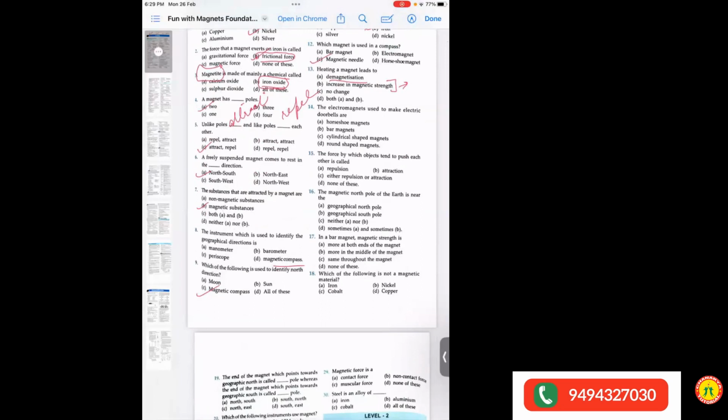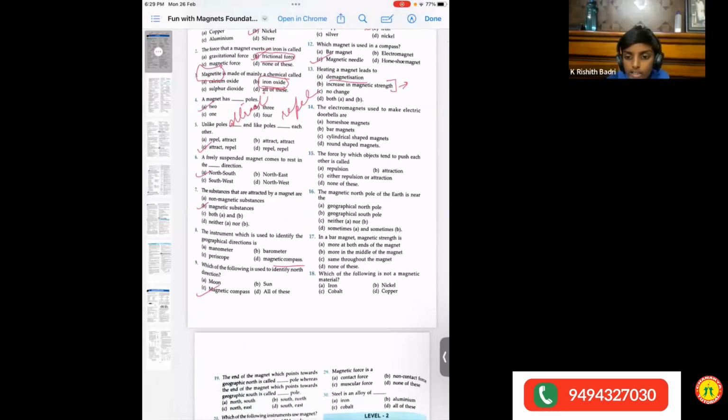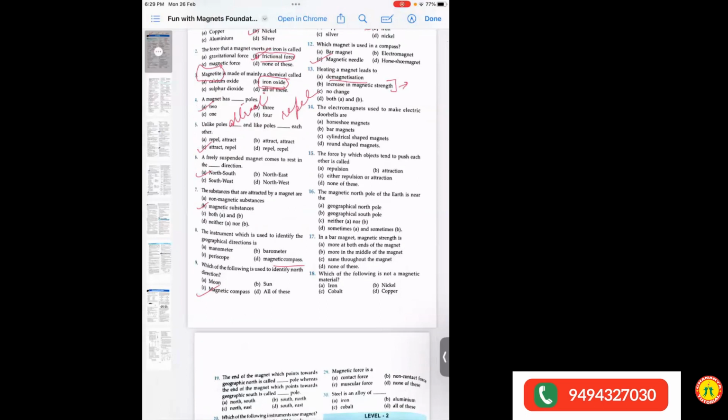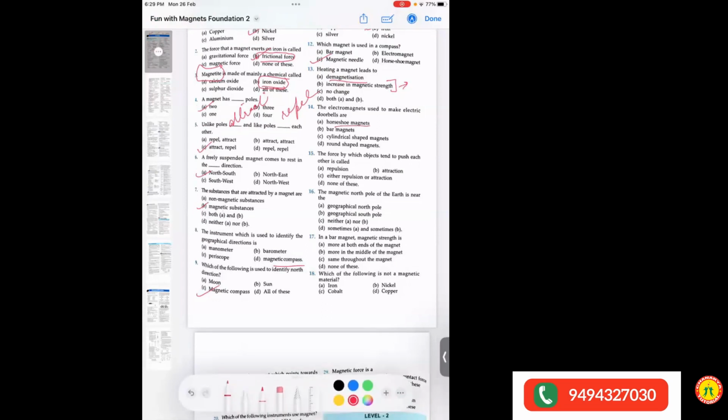Rishit. The electromagnets used to make electric doorbells are, ma'am, is it option B? Option A. So the electromagnets used to make electric doorbells have horseshoe magnets in them.